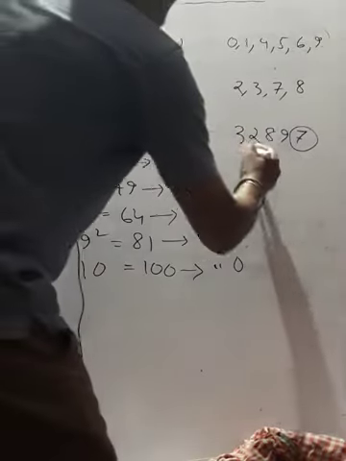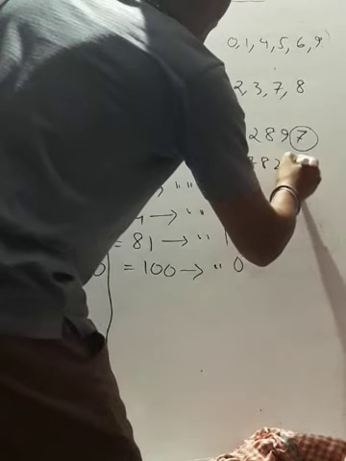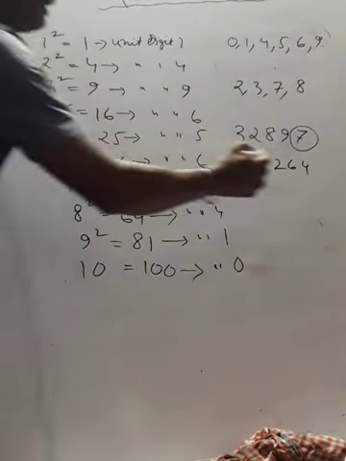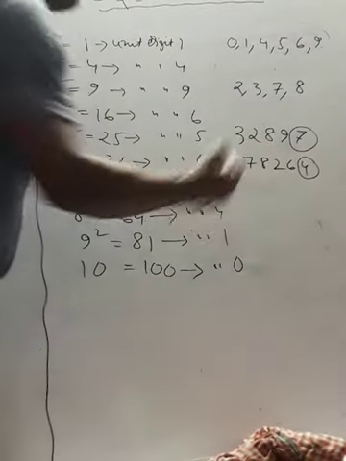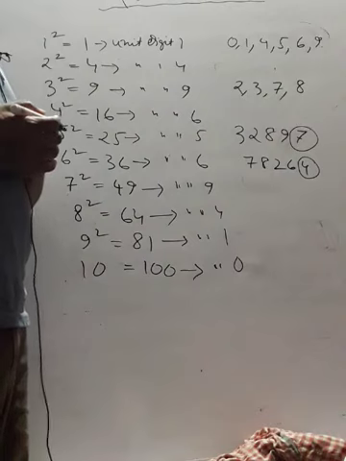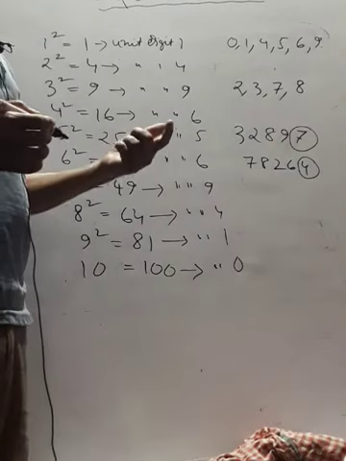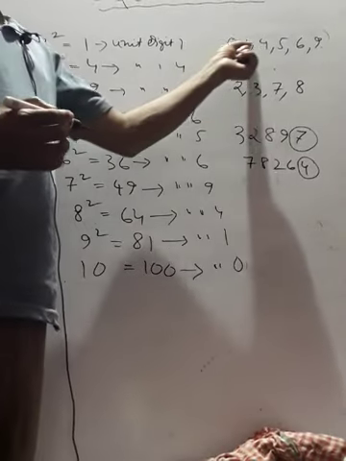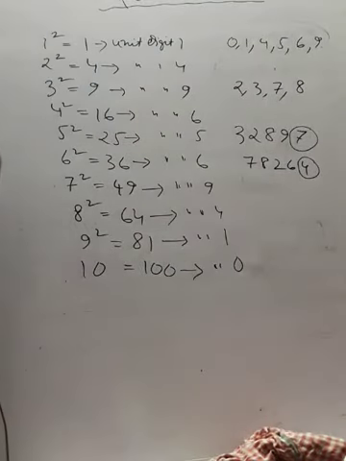Suppose again I see 78264. Here the ones digit or the units digit is 4. So there is a possibility that it may be a perfect square or it may not be a perfect square, because this one is included in this list.